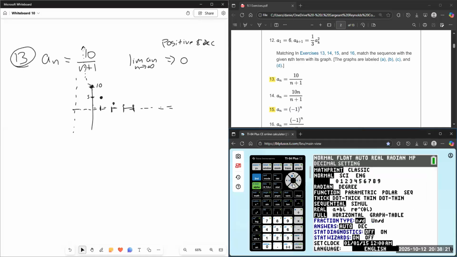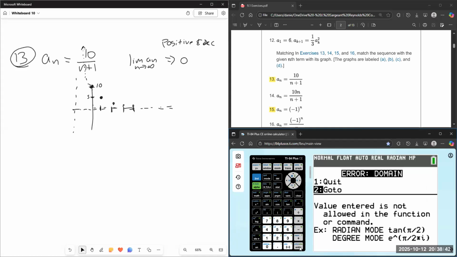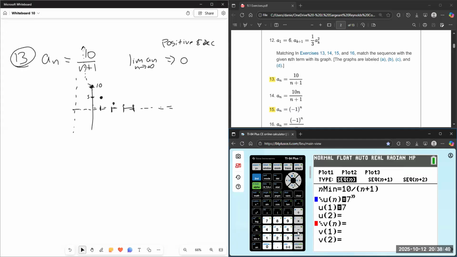If I switch back into sequence mode, you'll see that here 10 divided by n plus 1, and this is 1, 10 divided by n plus 1, and the first term here is 10.